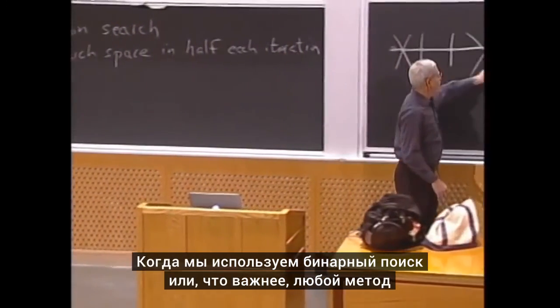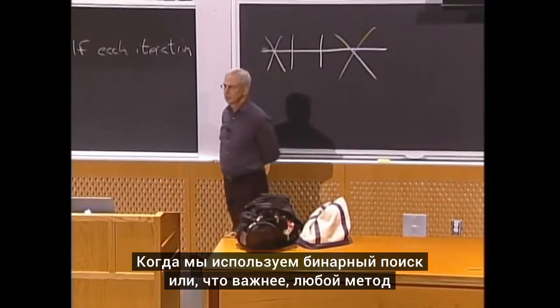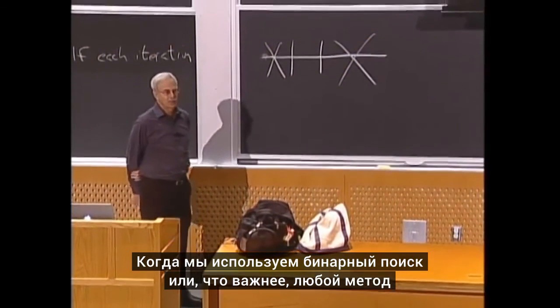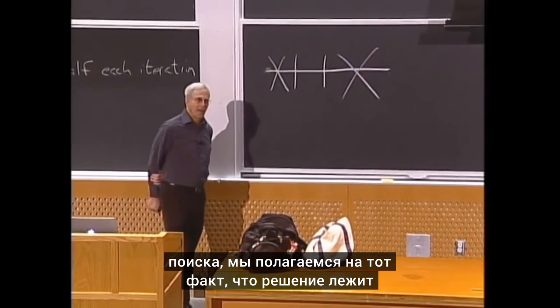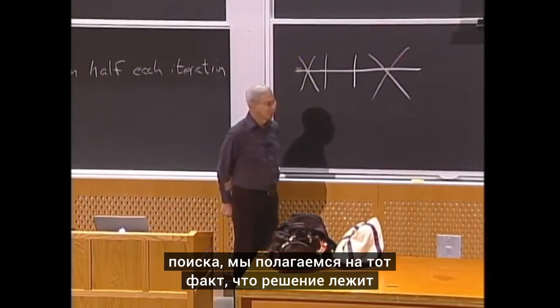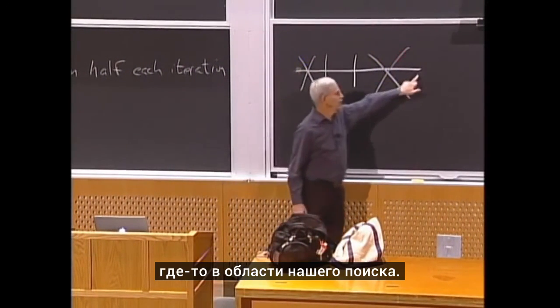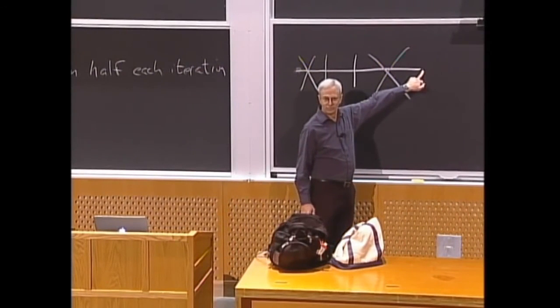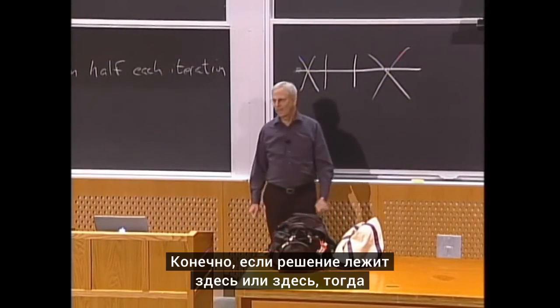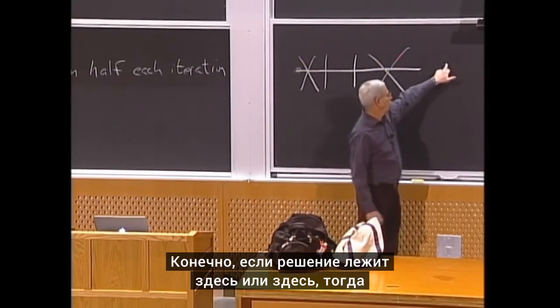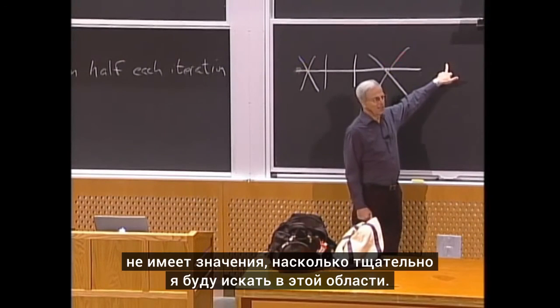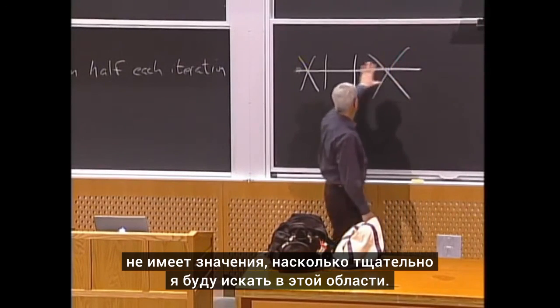When we use bisection search, or for that matter, any search method, we are depending upon the fact that the answer lies somewhere in the region we're searching. If indeed the answer is out here or out here, then it doesn't matter how carefully I search this region.